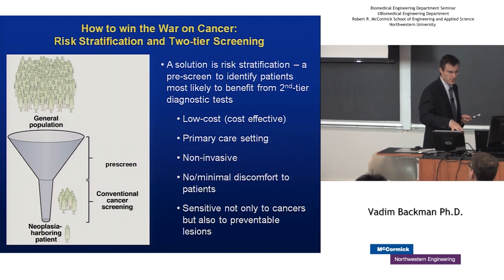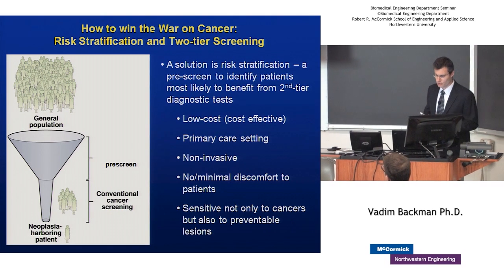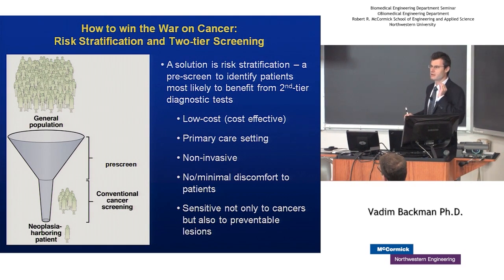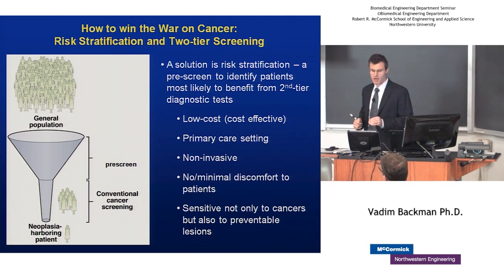So my thesis here, and a take-home message for you, is that in order to win the war on cancer, we have to, what is called, risk stratify. We have to screen better.